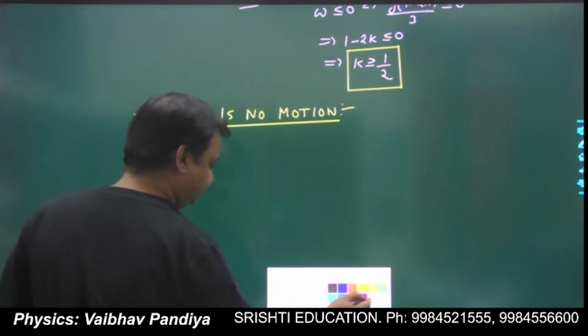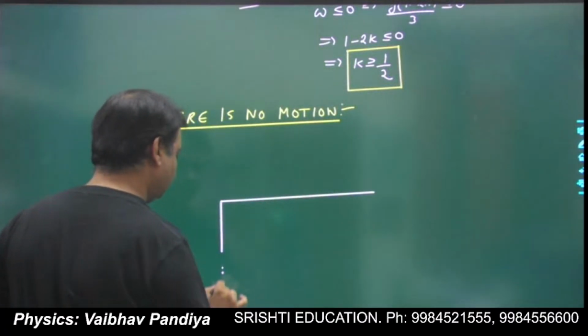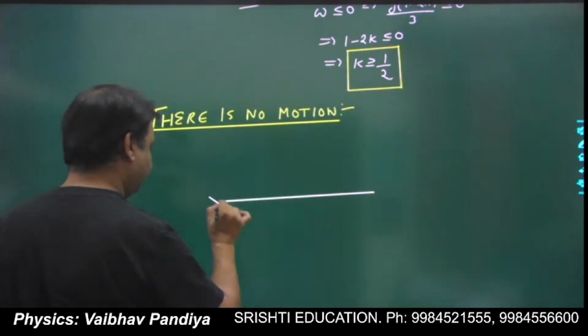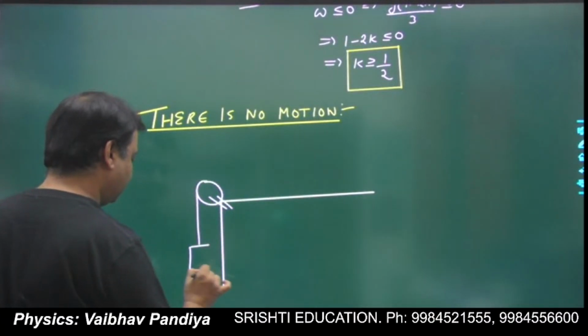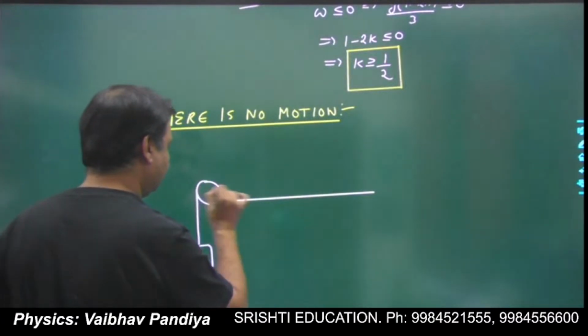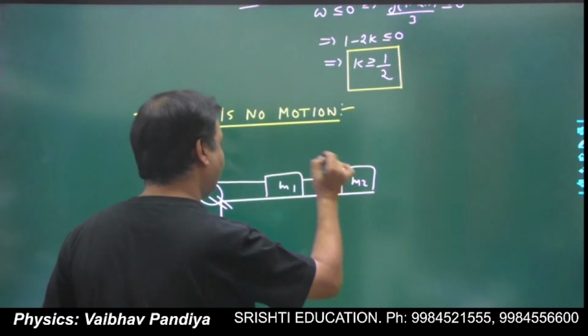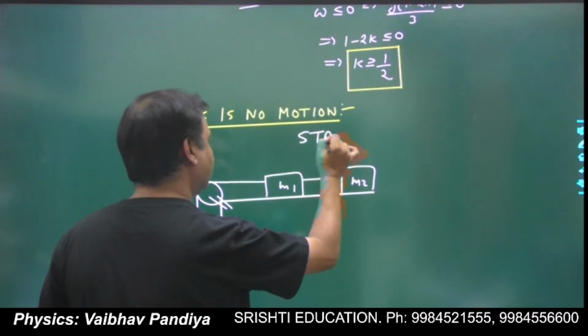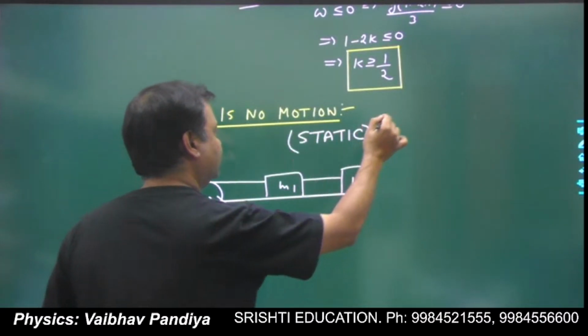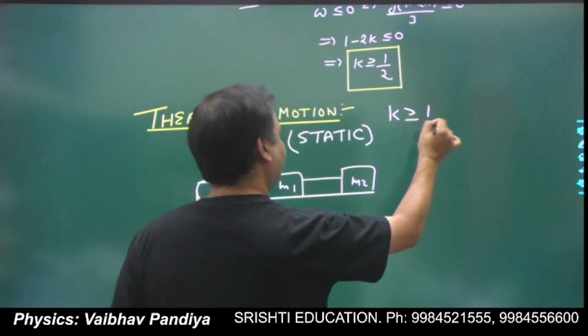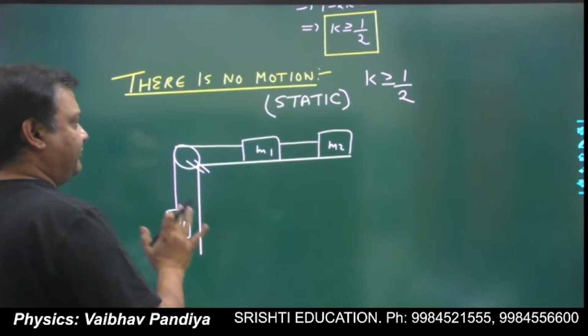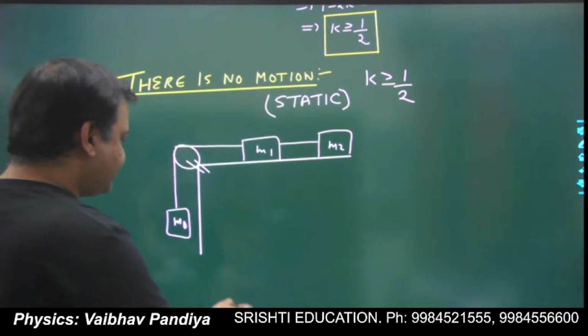So see, this is your pulley, and this is mass M0, and this is M1, and this is M2. Now everything is static, correct? Everything is static, assuming that k is greater than or equal to half. So if everything is static, the first question arises.